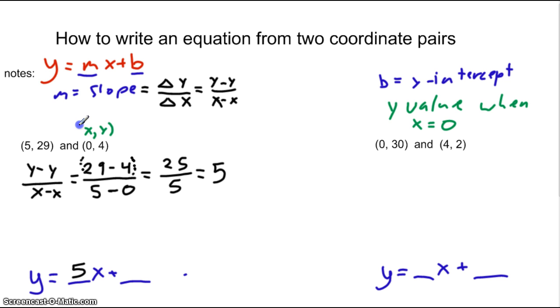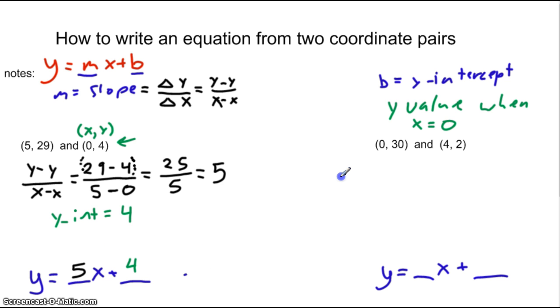So we want to know what the y is when x is 0. So this y, in this case, is 4. So the y-intercept is equal to 4. So that's the only blank I have missing. So that is 4. So this equation is y equals 5x plus 4.